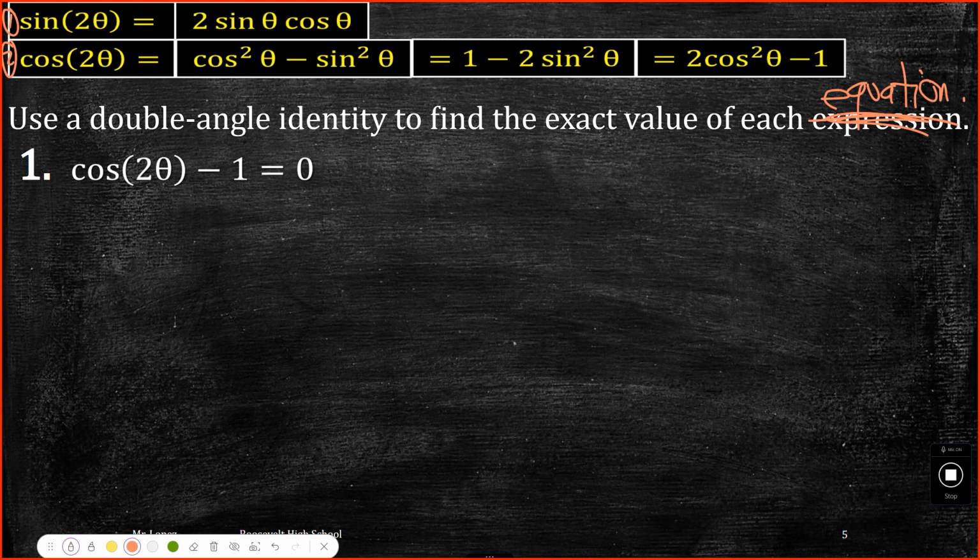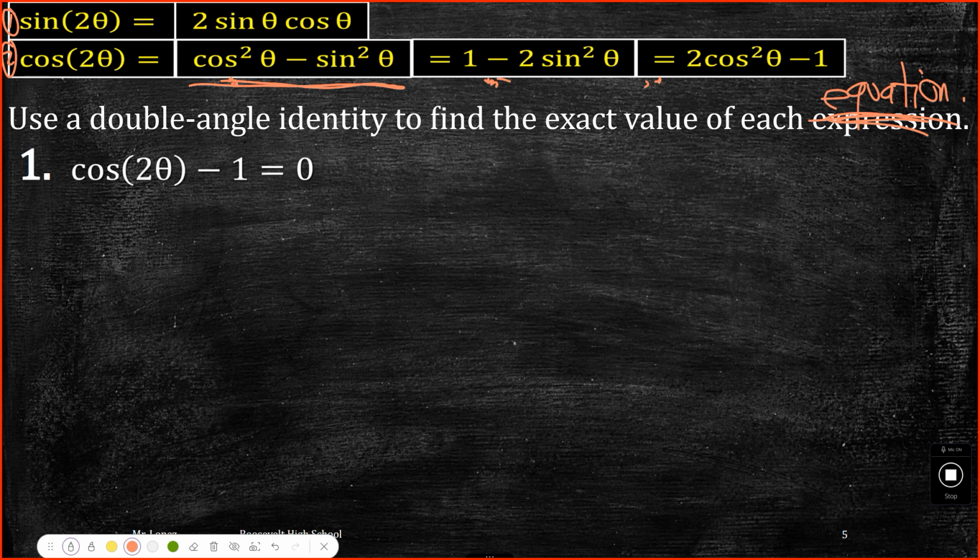Which one do you want to use? Definitely I don't think you want to use this one. We're looking at cosine 2 theta, the second one. Maybe you want to use this one or this one. One of these you could use.